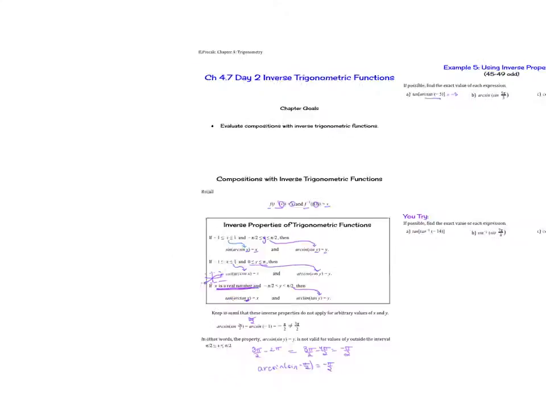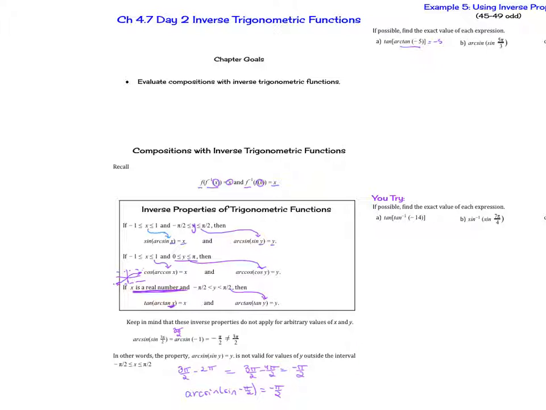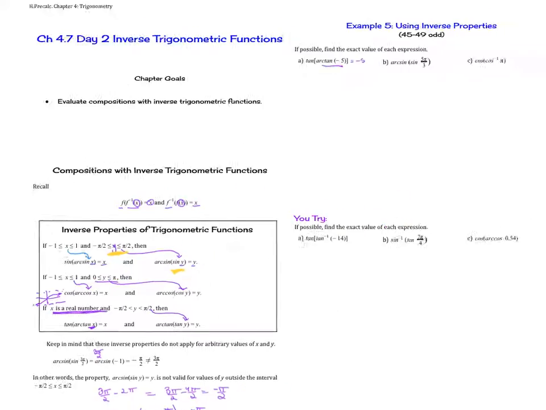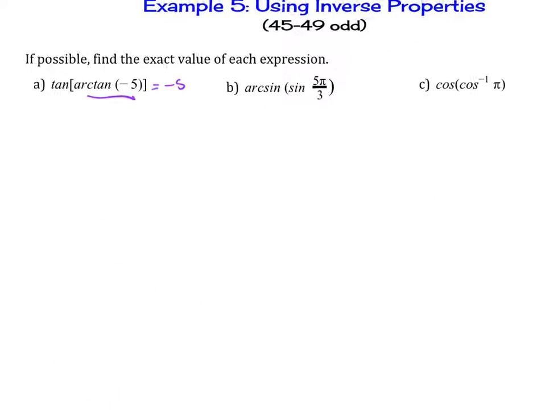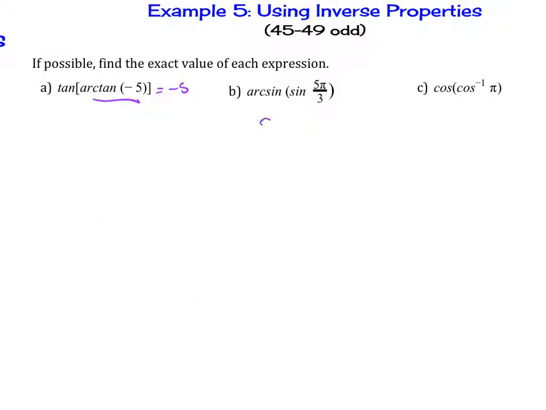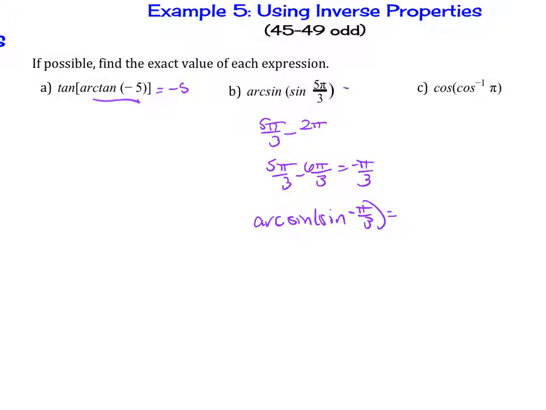Now the y value has to be between -pi/2 and pi/2, so we find the coterminal angle. Let's see if it works. Subtract 2 pi: 5 pi/3 minus 6 pi/3 gives -pi/3. So this is the arcsine of sine of -pi/3, and the answer is -pi/3.